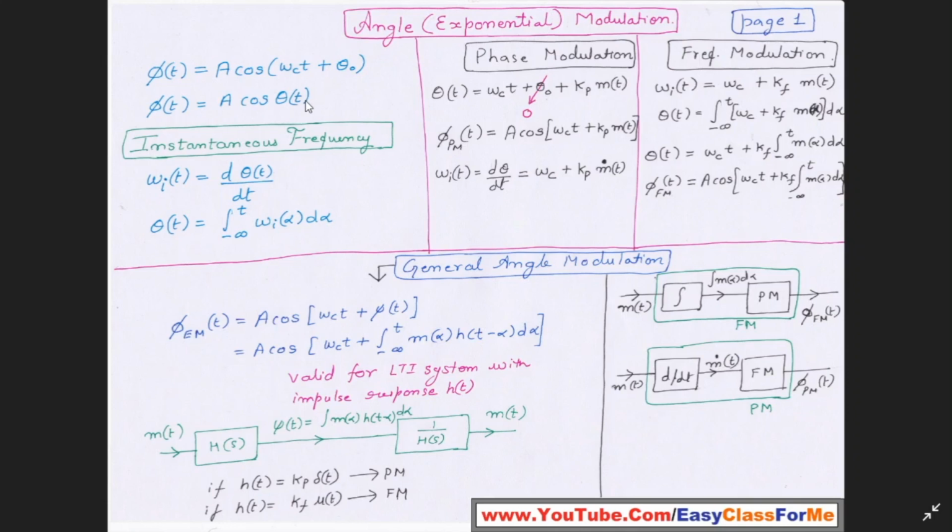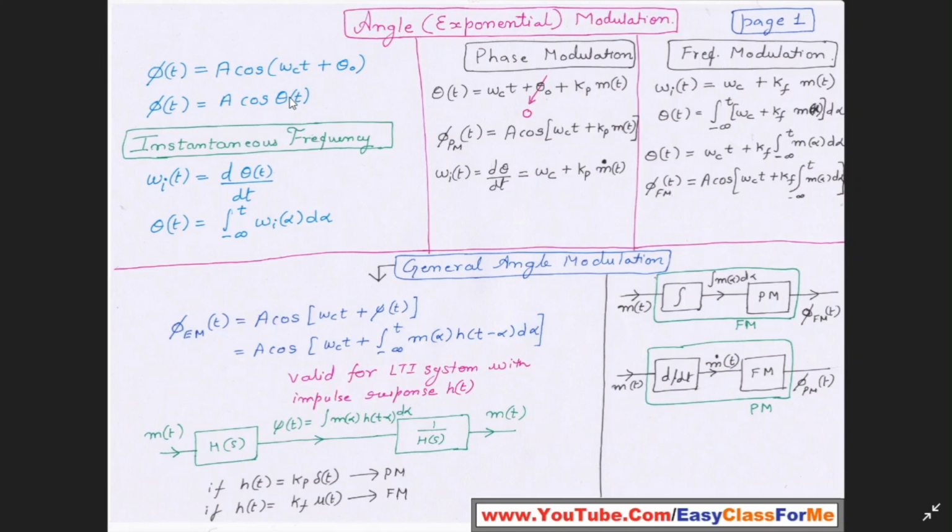Now there the concept of frequency won't be used. We are going to introduce a new term which is called instantaneous frequency. When we talk about general functions of time, which could be linear or non-linear, we do not talk about frequency, we talk about instantaneous frequency. For a signal which has linear dependence on time in terms of omega c t plus theta, frequency and instantaneous frequency will be the same.